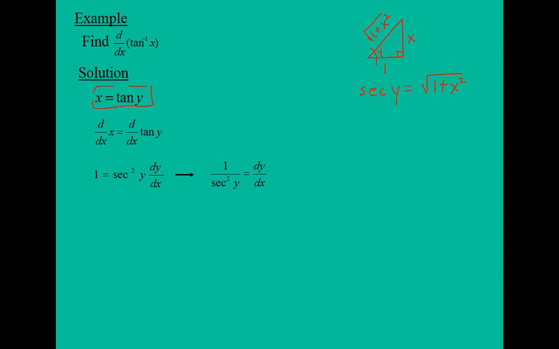So there's the secant of angle y. But down here we need secant squared. So if we squared both sides, we would just end up with 1 plus x squared. And we know this means the same thing as secant y squared. And therefore, we could go back to here and replace secant squared y now with 1 plus x squared. And that would be our derivative.